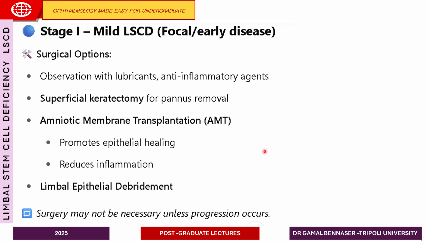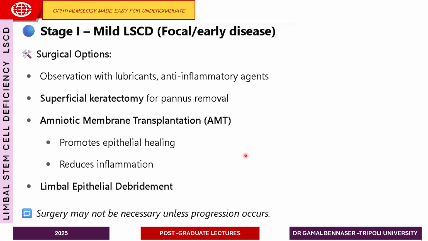Sometimes we need mild surgical interventions, and the most common is removal of the pannus by superficial keratectomy and epitheliectomy, that's removing the surface epithelium, which is mainly conjunctival epithelium, to be replaced by the normal corneal epithelium.